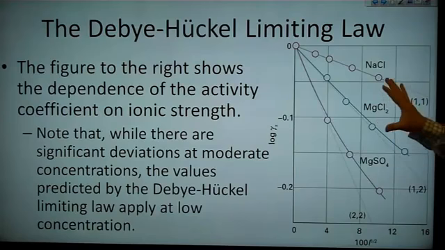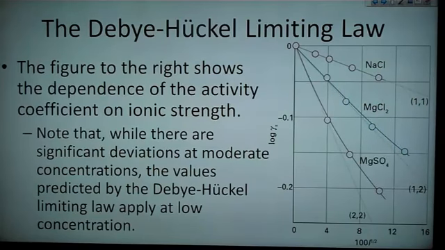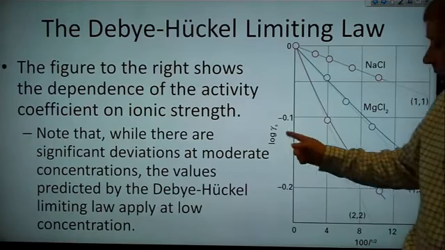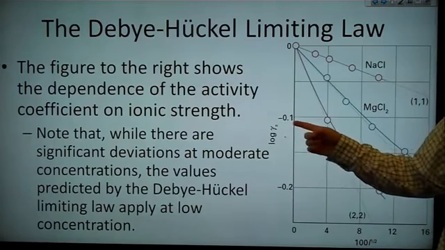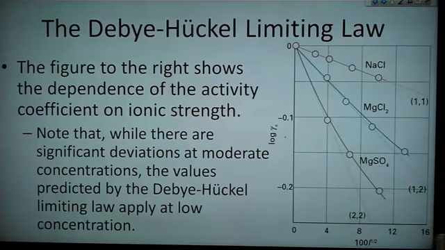So this figure is showing then the dependence of the activity coefficient on ionic strength. And so note that down here we have the square root of ionic strength, and on this side we have log of gamma plus-minus, so the activity coefficient.